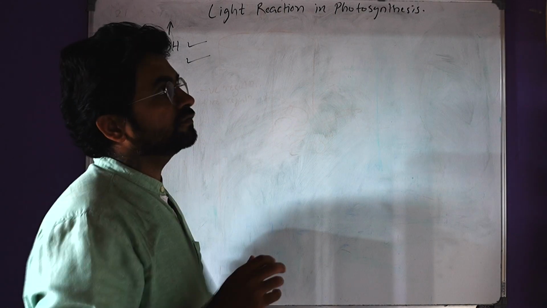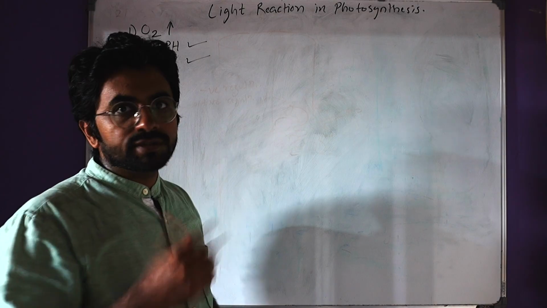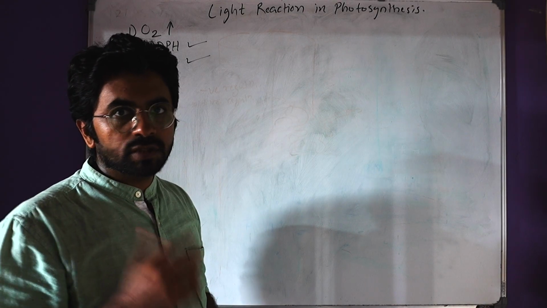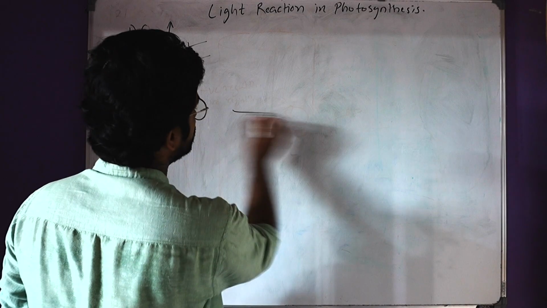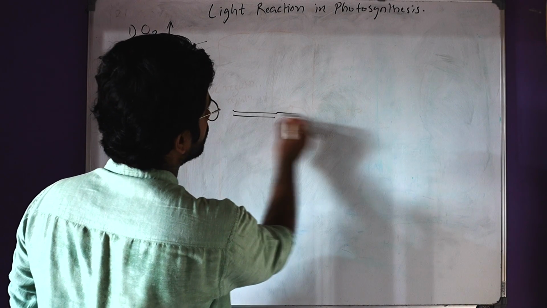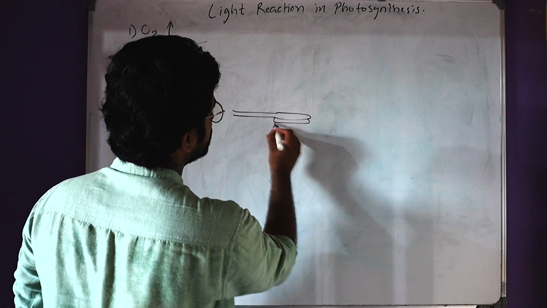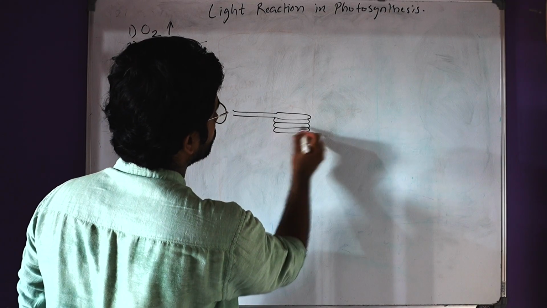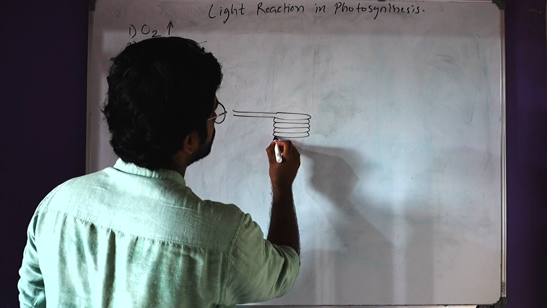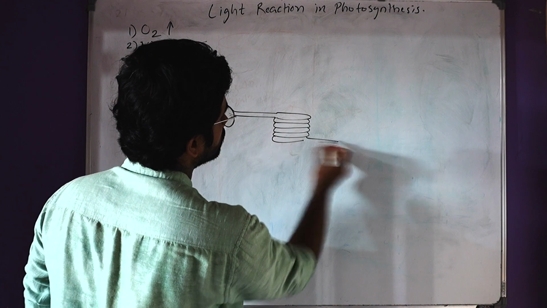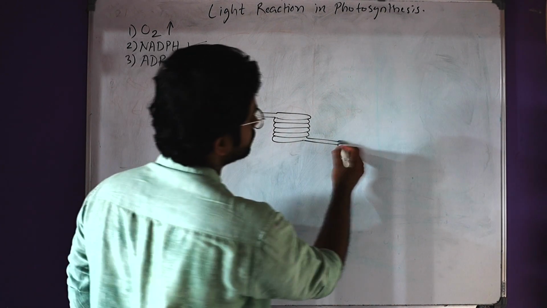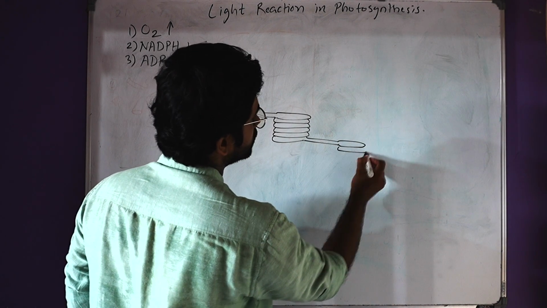So if you have learned the structure of thylakoid membrane in a chloroplast, you know this is a stroma, this is a thylakoid plate, another stroma, another bundle of thylakoid plate.